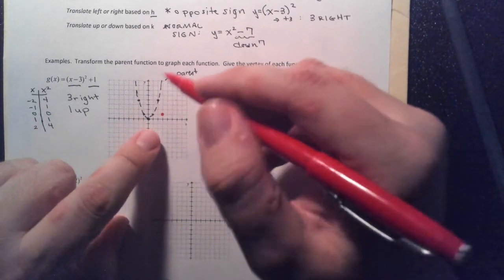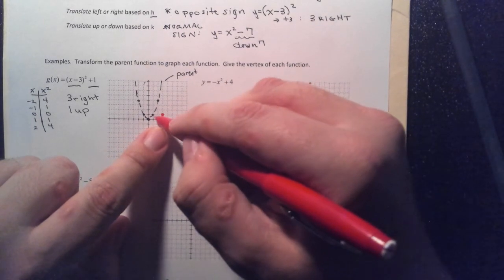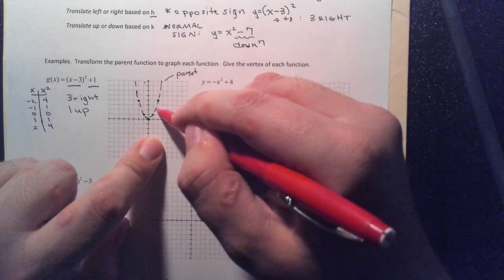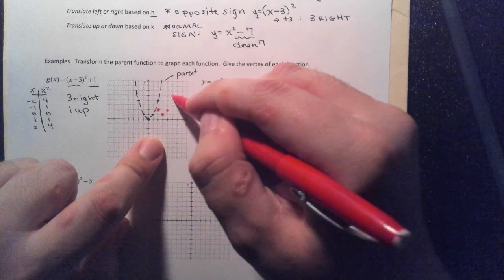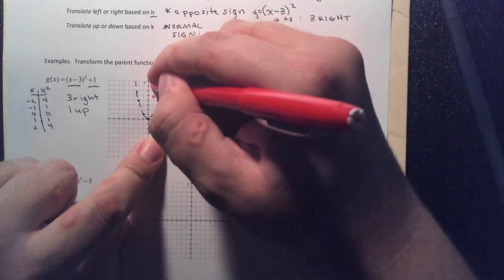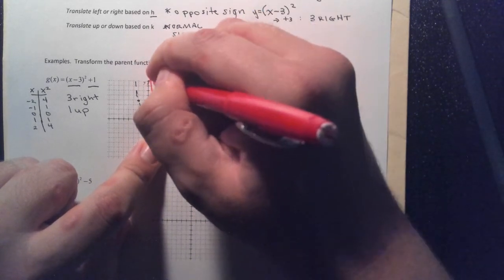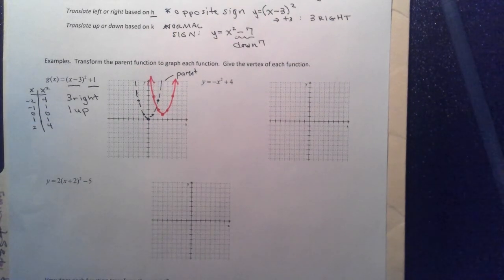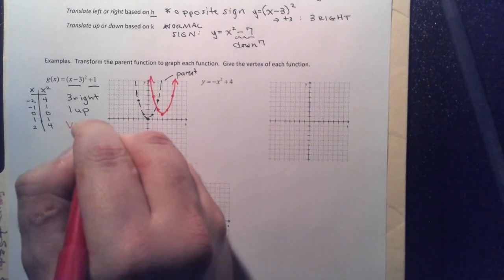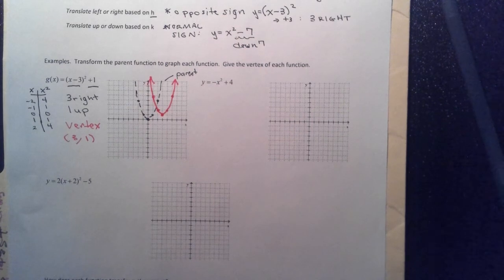And again, space these points out. I can move these points individually. 3 to the right and 1 up. And keep doing that. Nice smooth parabola through there. That's the function that I want to graph. With a vertex at 3, 1.